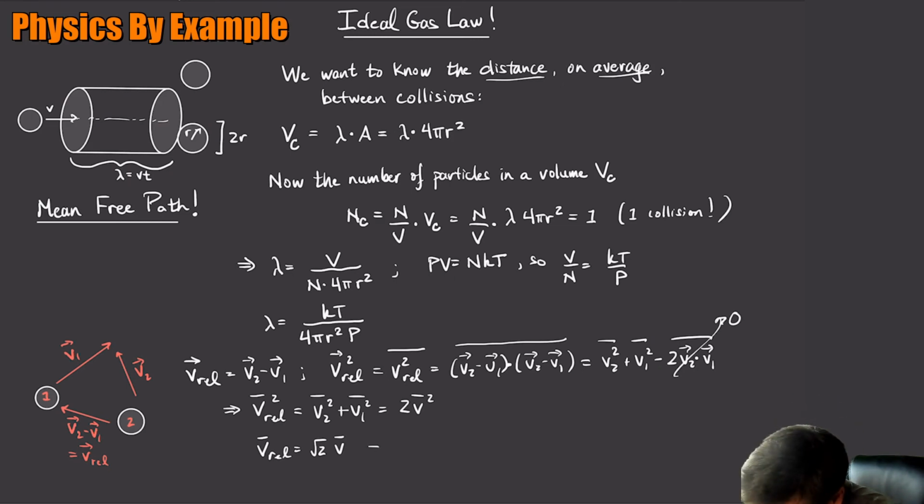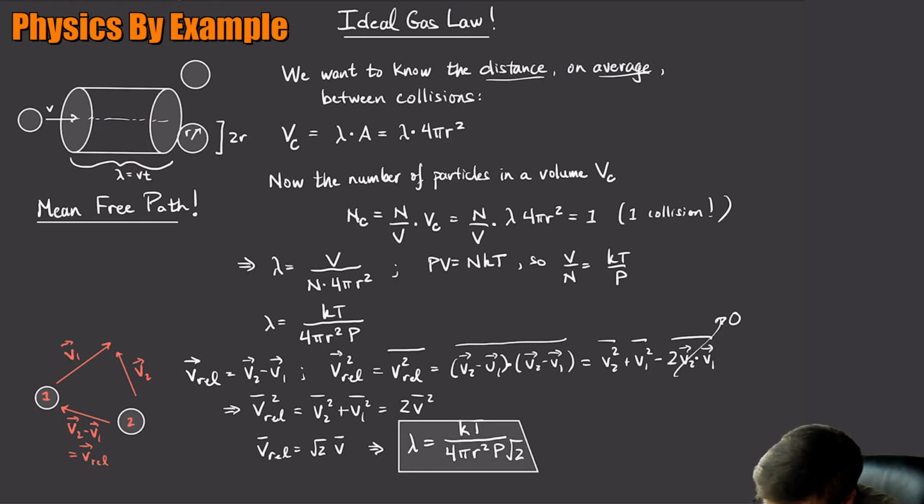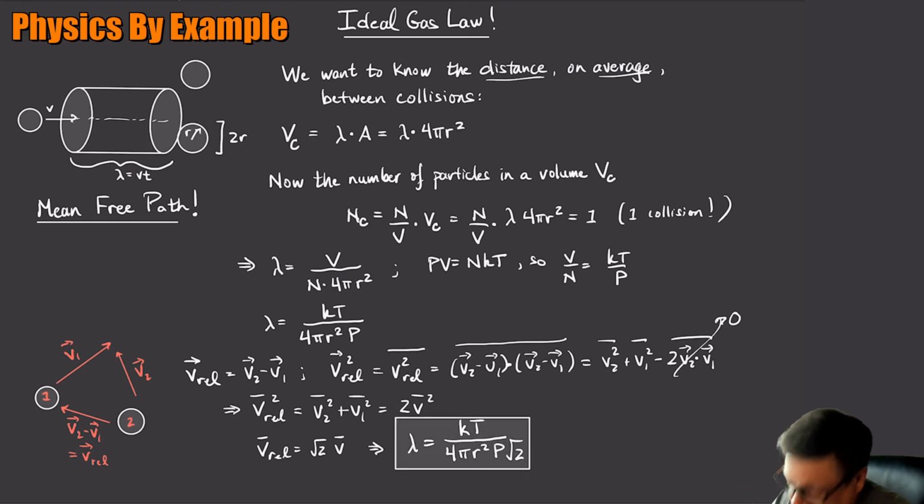So this means that our real lambda, taking into account the relative velocity of these things, should be kT over 4 pi r squared P times the square root of 2. Okay. That's a terrible box. Let me see if I can make that a little bit better. That's a little better. All right.